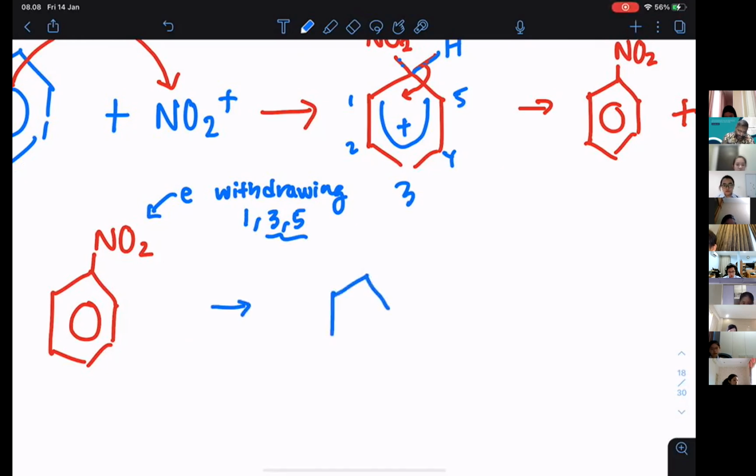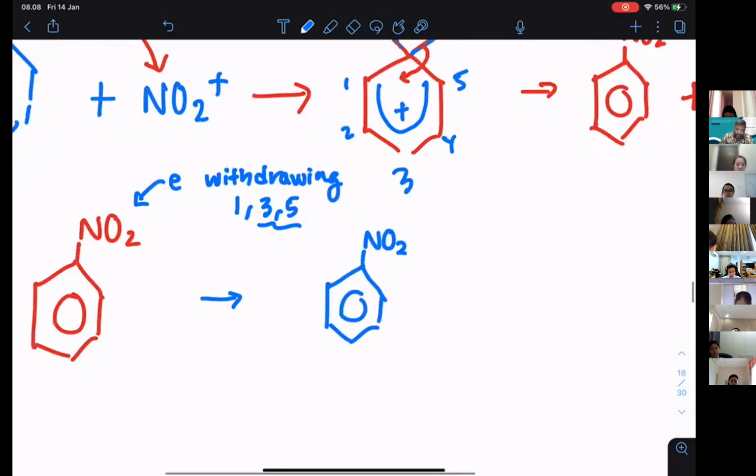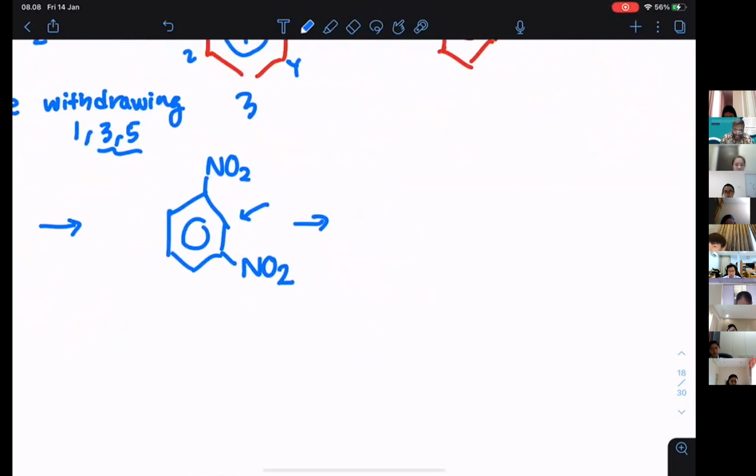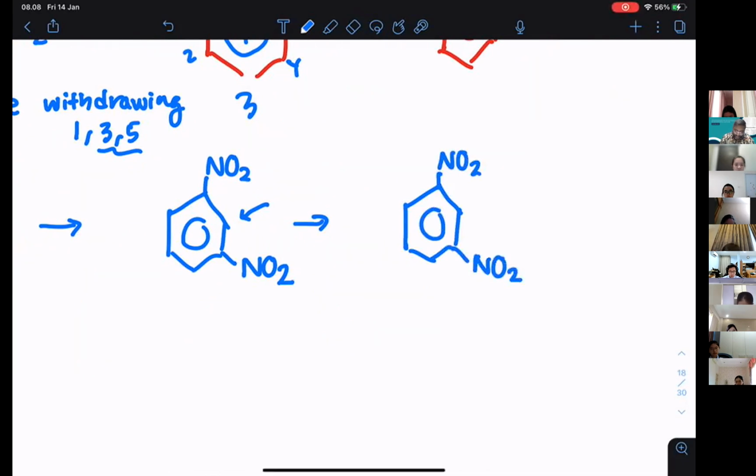That NO2 that starts to come in will not come in at position number 2. It will come in at position number 3. That is going to be important. And further nitration some more: if you have some more NO2 start to come in, you are going to have it at position number 5. So 1, 2, 3, 4, 5.